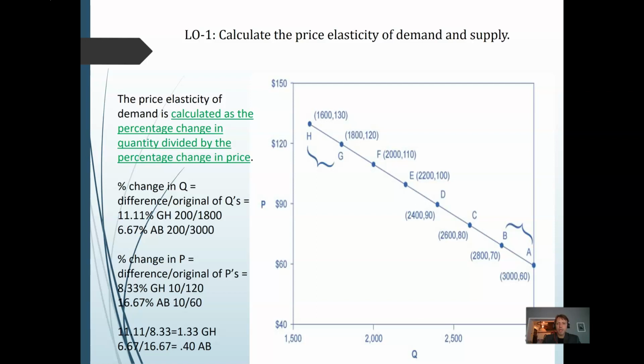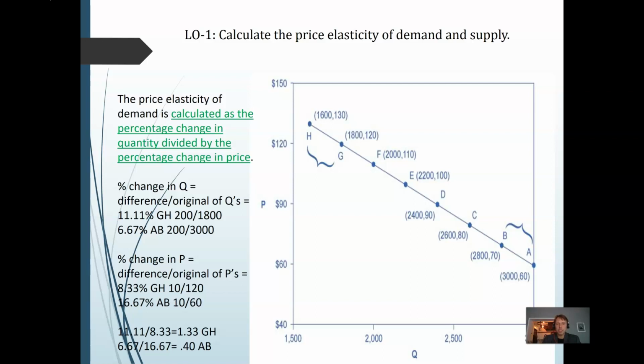And then from A to B, we went from 3,000 to 2,800, also a change of 200, but the original amount was 3,000. So 200 divided by 3,000 will give you 6.67% approximately.